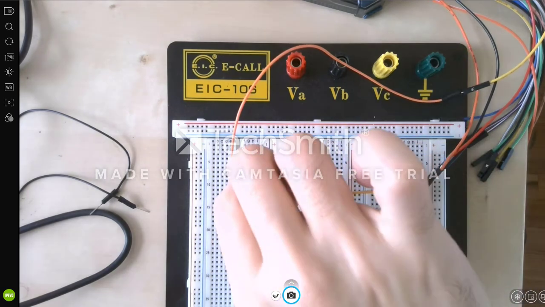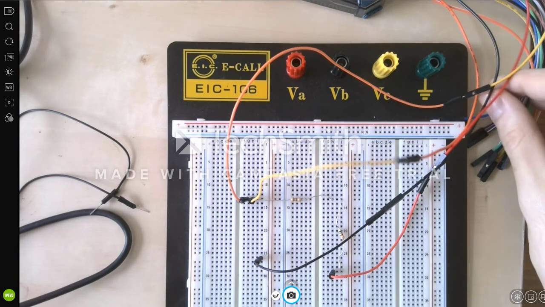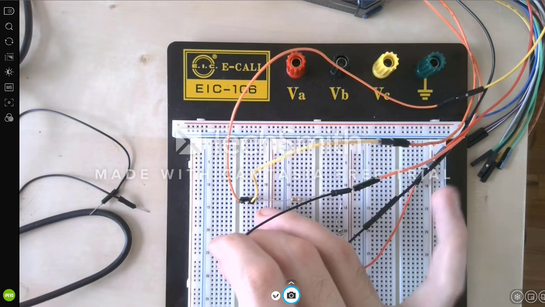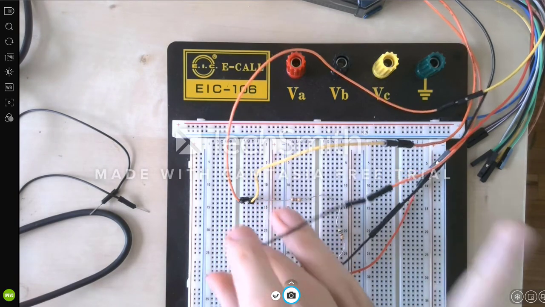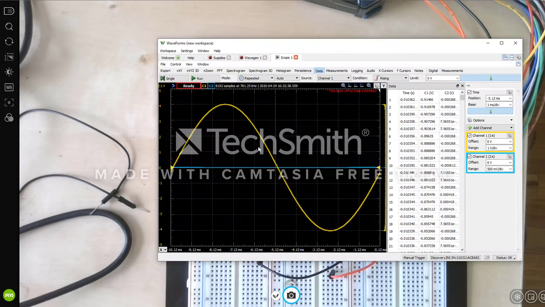Let's take the measurement on the AC supply first. I'm putting the positive node of channel 1 here and the negative node on the ground. All right, so that's our measurement.